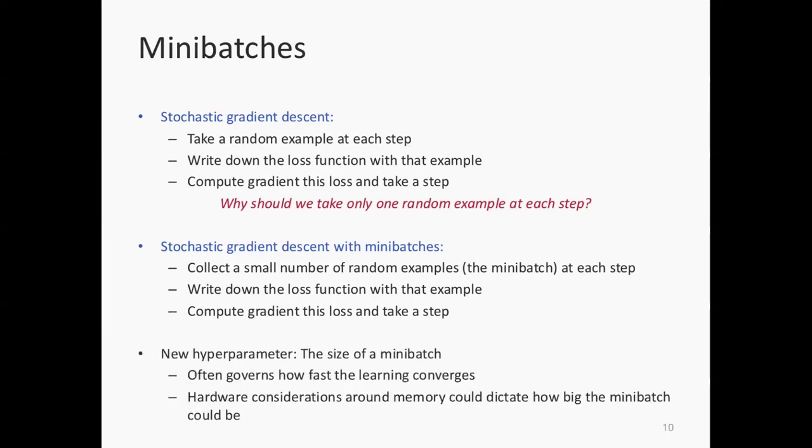How many mini batches do you use? Or how many examples do you use in a mini batch? Well, that's another hyperparameter. One thing that we get very, very comfortable with in neural networks is that we collect a lot of hyperparameters. Let's just keep track of how many we've had so far. The architecture of the network, which is the depth, the width, the activation function. All of these are design choices.